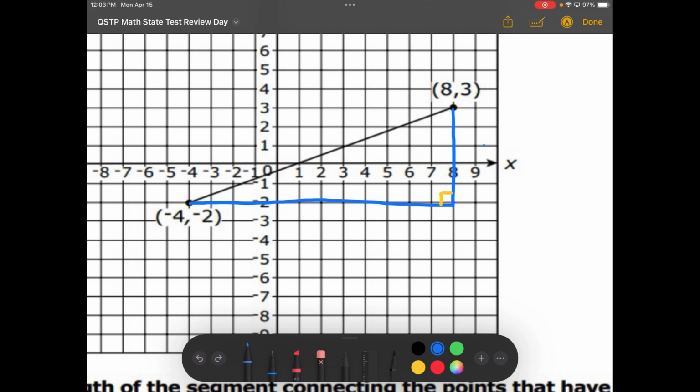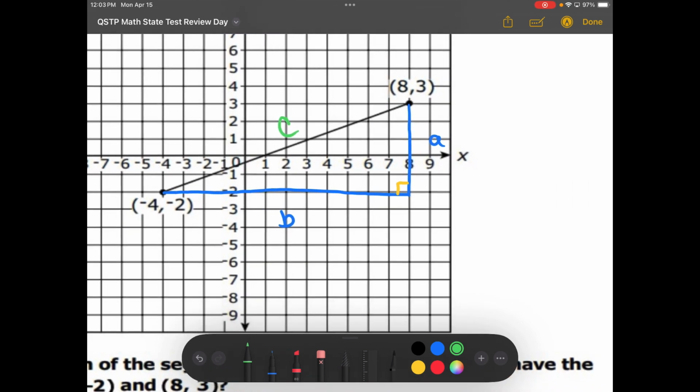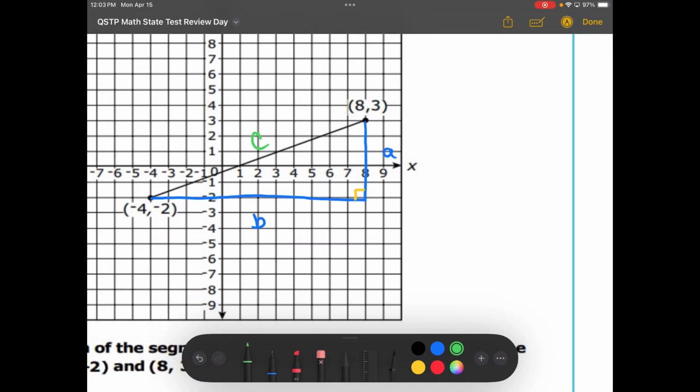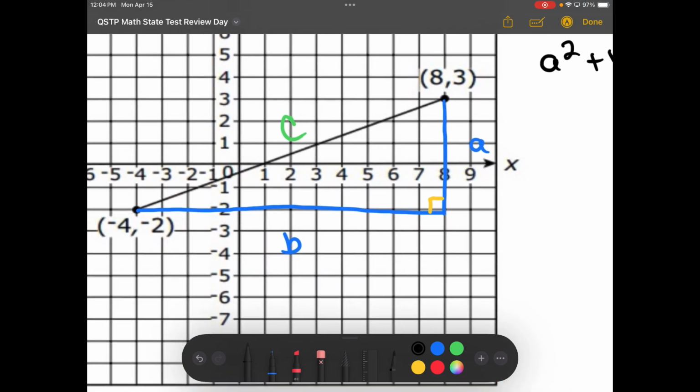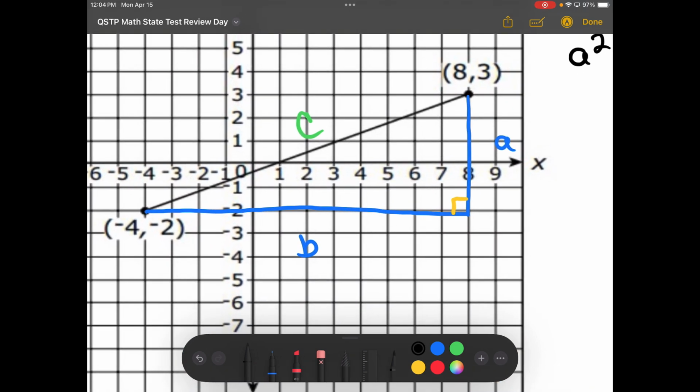We know this leg is A. We know this leg is B. And we know what's the last one? C. So we are solving for the hypotenuse. A squared plus B squared equals C squared. Now, we got to find out what is our A and what is our B. If you guys remember before when we did an example like this, we counted our hops. Count your hops.